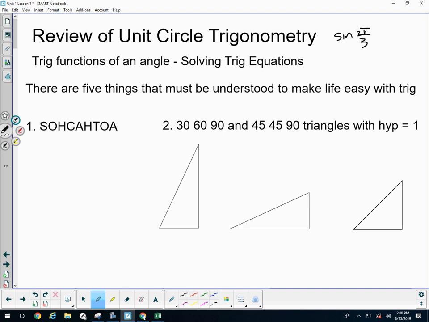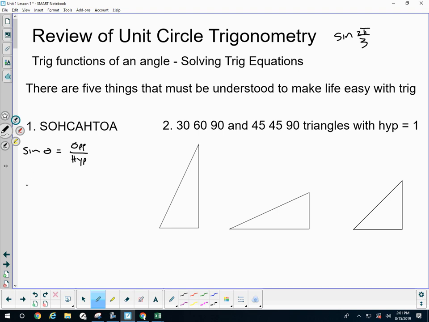Okay? Here we go. First thing I remember is my friend, the acronym SOHCAHTOA, which tells us that the sine of an angle in a right triangle is equal to the ratio of the opposite side divided by the hypotenuse.